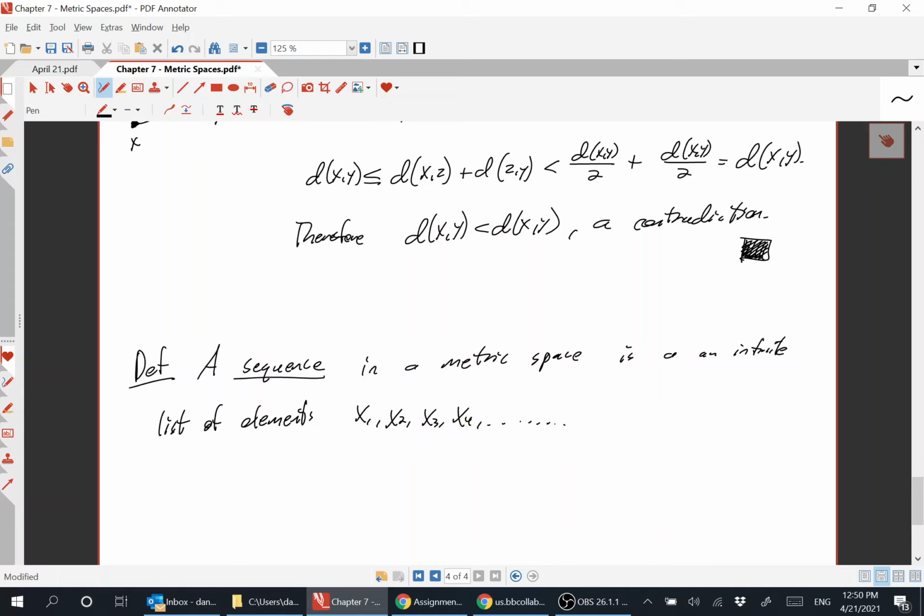So normally we write xn to denote the sequence, the same kind of notation that was used in calculus 2, xn to denote the sequence in its entirety. Okay, but we will also use xn to denote the nth element of the sequence.